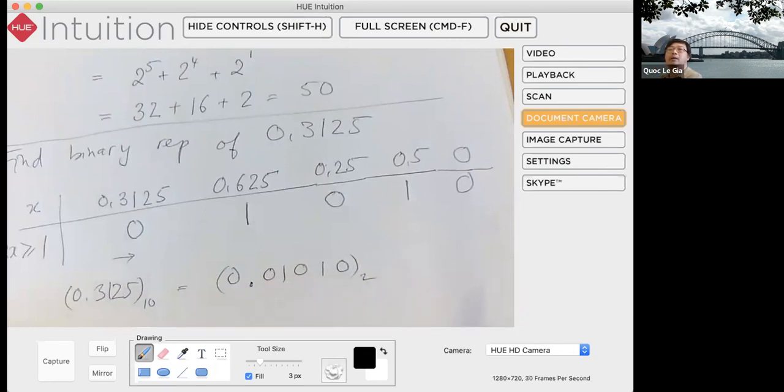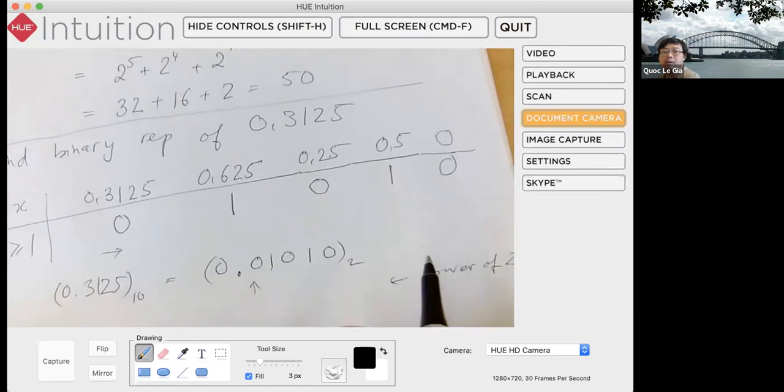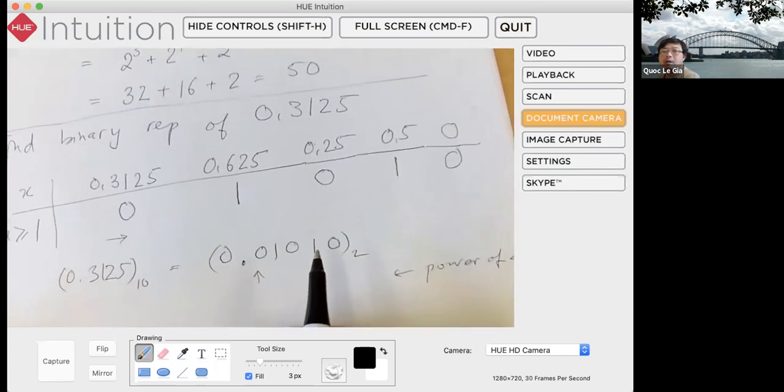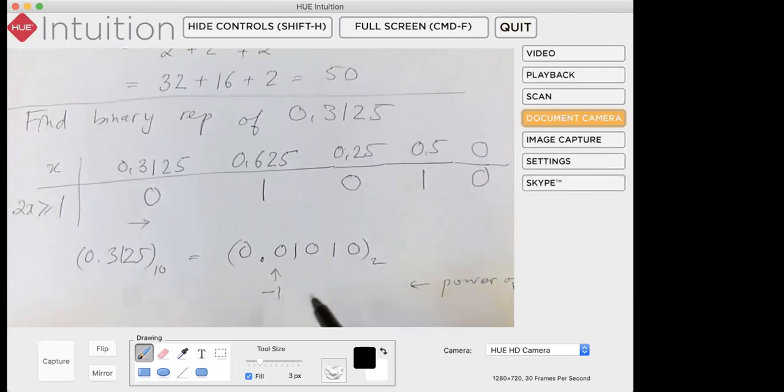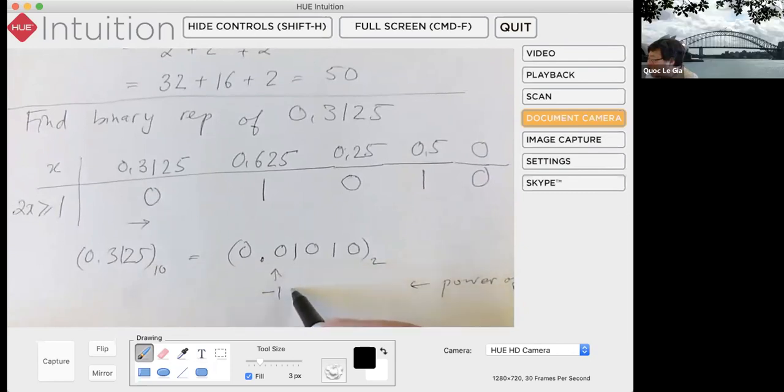And you can check that, you see, this is a power. So if you look at power of 2, then the one right after the dot is power -1, and this one is power -2, and this one is power -3, and so on.